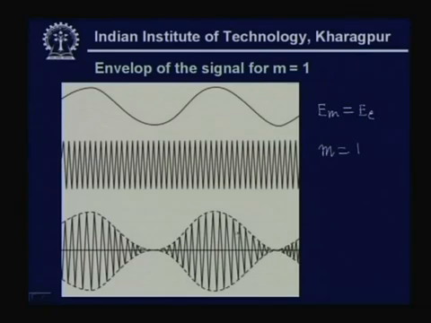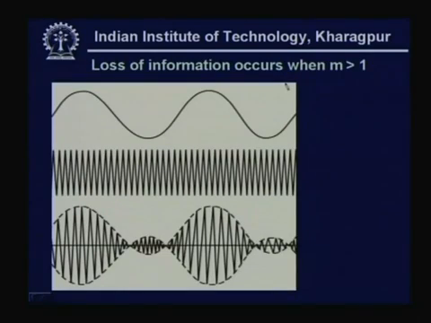So, in that case we get the maximum modulation, that means this is the maximum permissible modulation possible, because as we shall see in the next slide, when you get m greater than 1, the value of Em has been made greater than Ec.